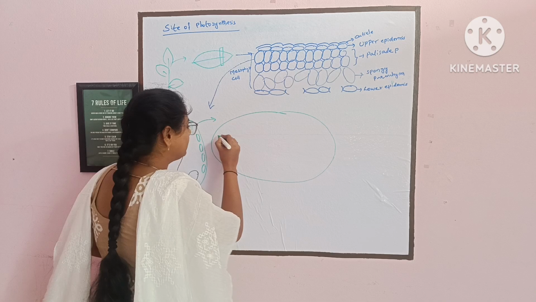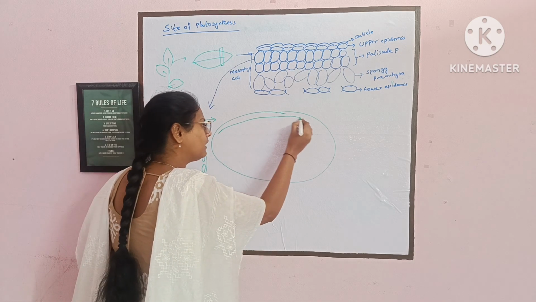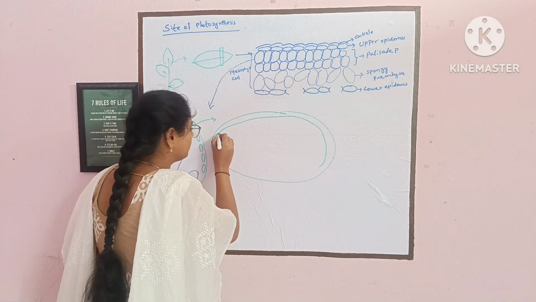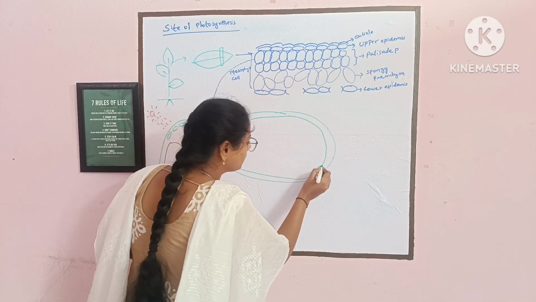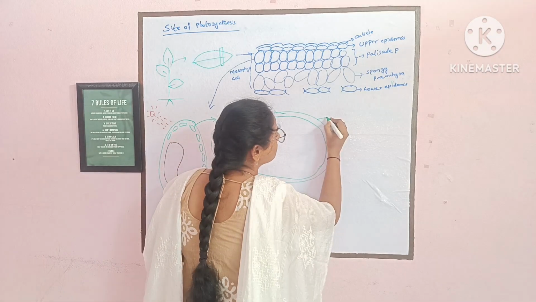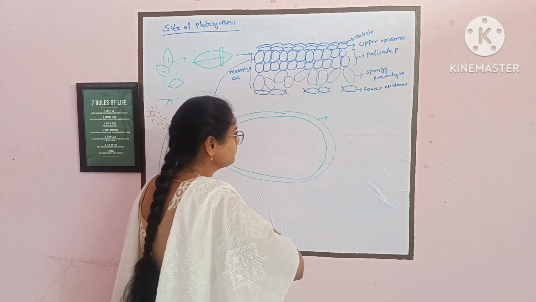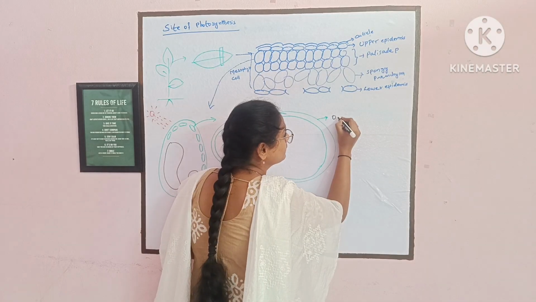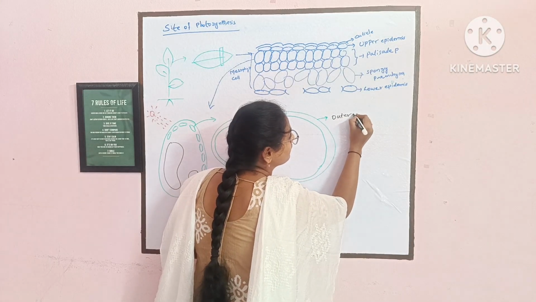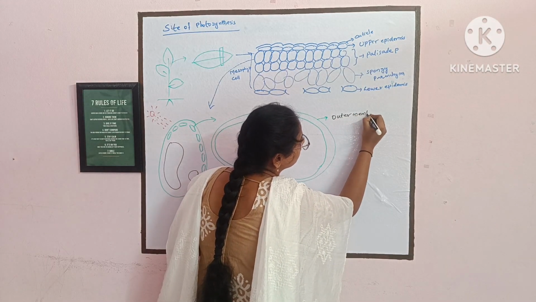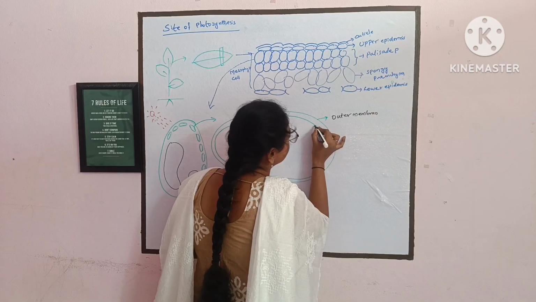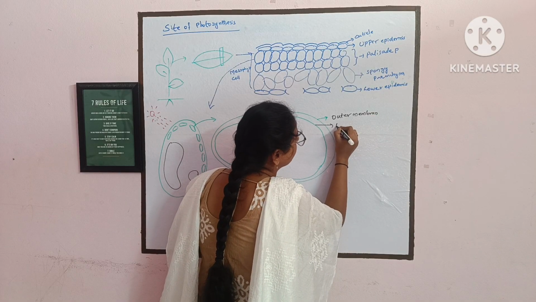How many layers are there? Two membranes are there in the chloroplast. What are those? This one is the outer membrane, and this part is the lower or inner membrane.